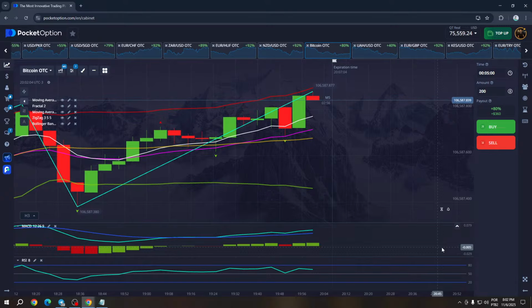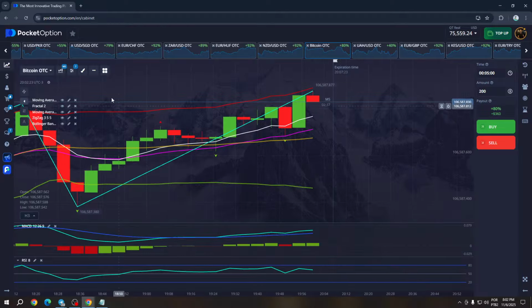And guys, when you are using fast strategy, just forget about the martingale. Fast strategy, do not use martingale.